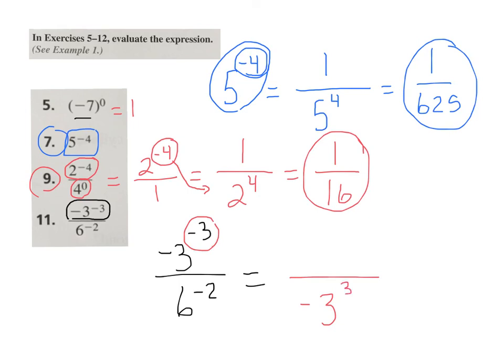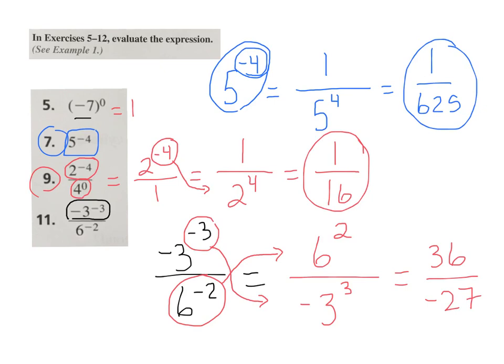I made this exponent go from negative to positive because I moved it to the bottom. Now on bottom, the exponent's also negative, so I'll move it to the top, and so it'll make the 6 to the negative 2 a positive 2. Okay, so now all I have to do is 6 squared, which is 36. That's the top. And on bottom, negative 3 cubed is negative 27.